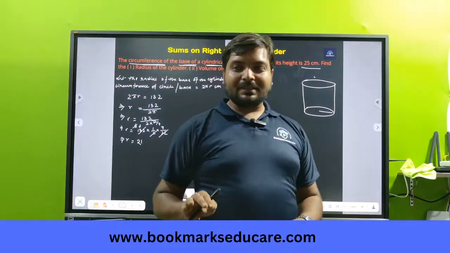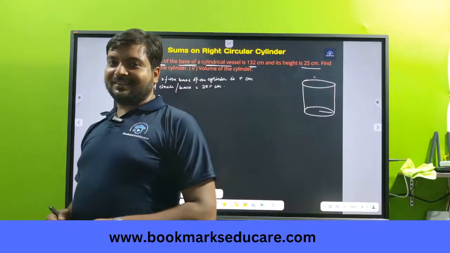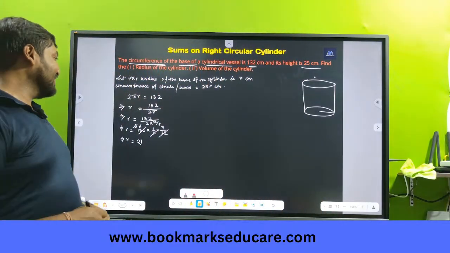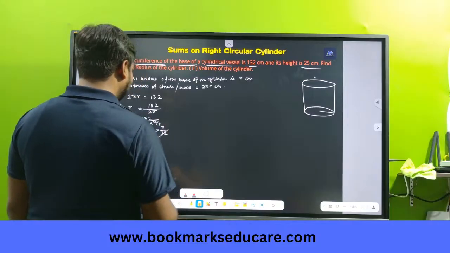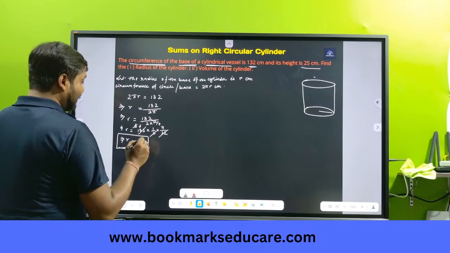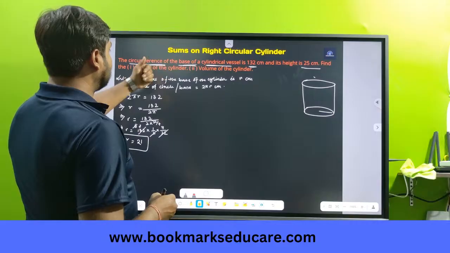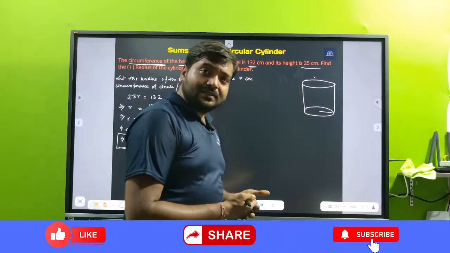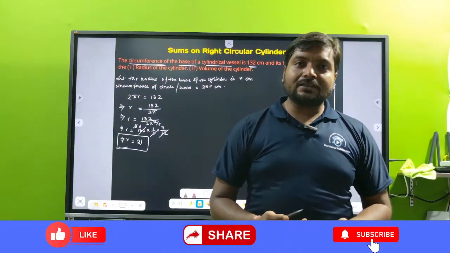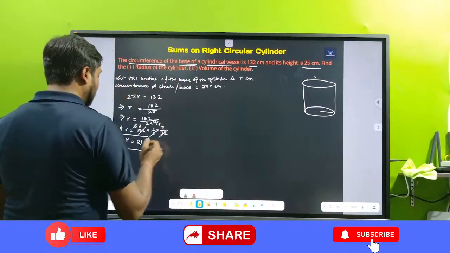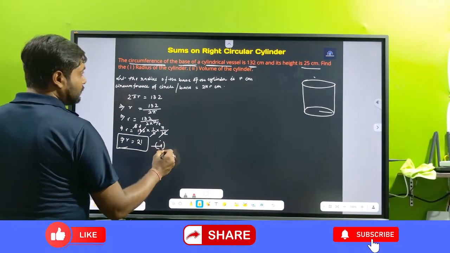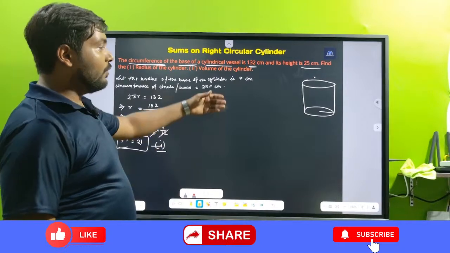So the radius of the base is 21 centimeter. The radius of the base is nothing but the radius of the cylinder. So our first question is done, and this is the answer. Now we will get back to the volume of the cylinder.